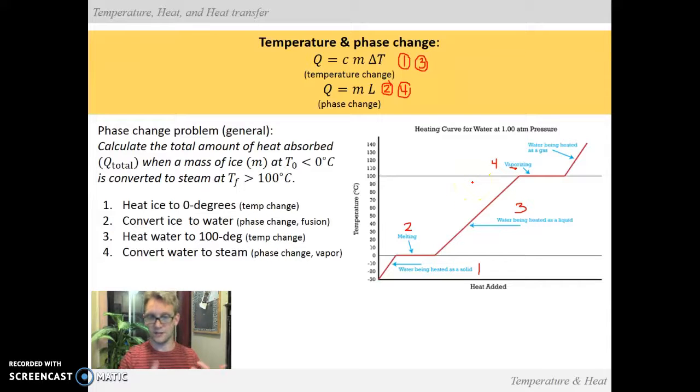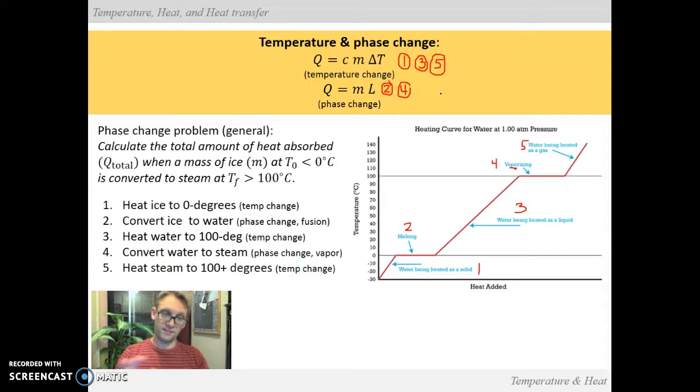And once all of that energy that we are putting in has been used to change phases, then we can finally heat the steam the rest of the degrees, or the temperature that we need to get to. So that is our final step here, our number 5, and we are using a temperature change equation to get the rest of that gas up to the required temperature.